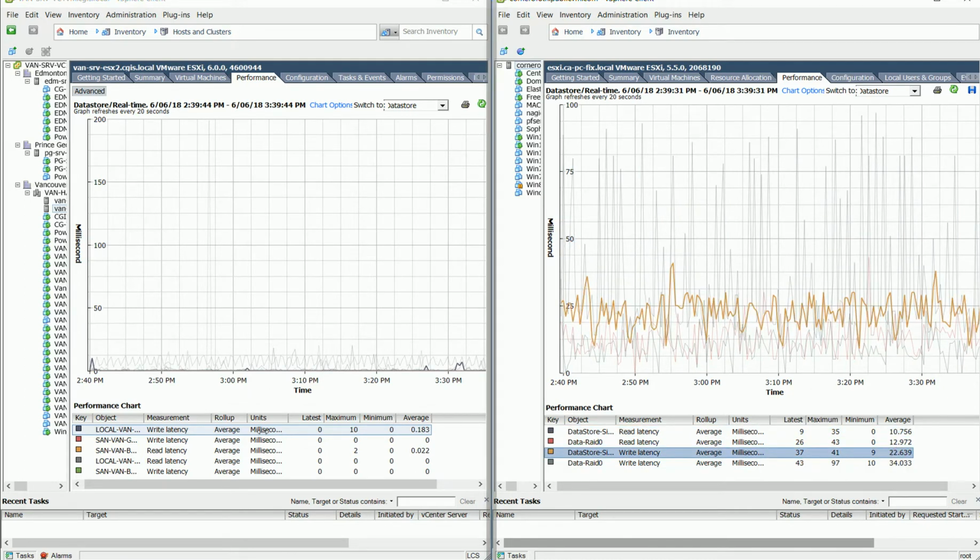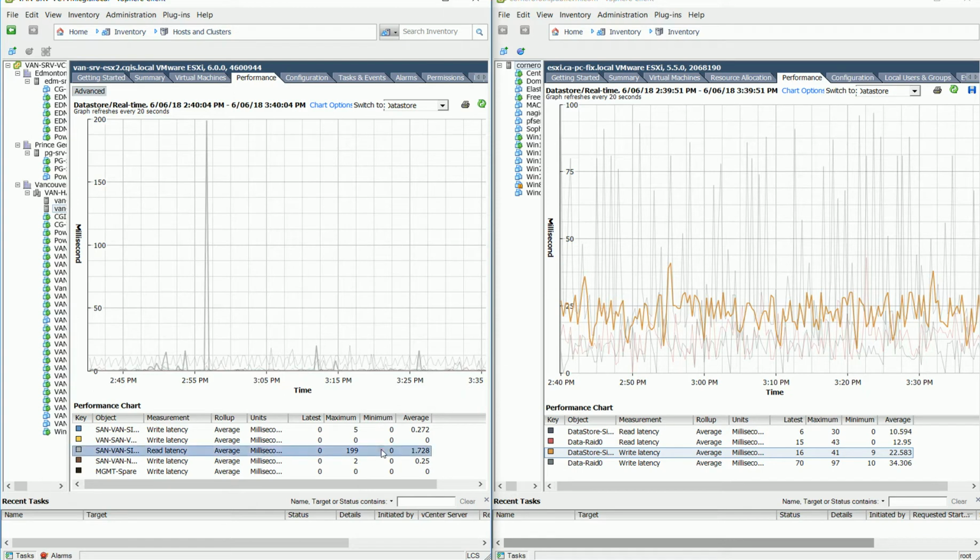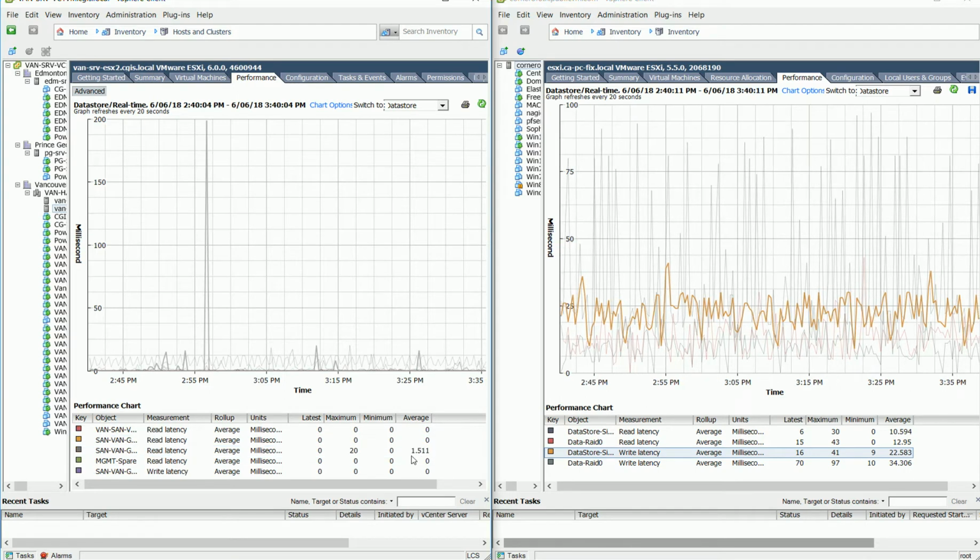But if we look at this one, it makes a huge difference: the write latency is only 0.1, so basically zero latency. This one on SCSI is only 1.7.